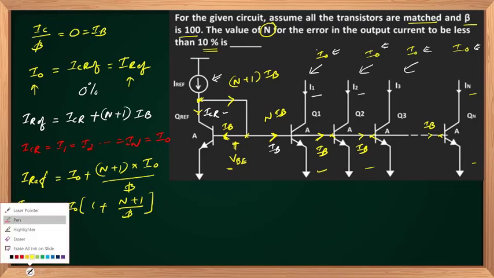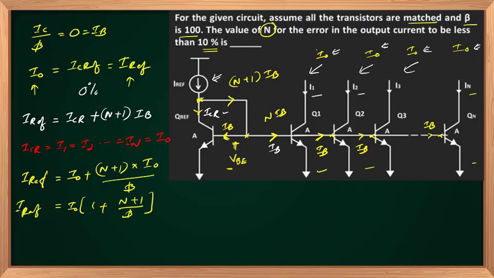So from this I can write I out equal to, taking the LCM, I reference multiplied by beta divided by beta plus n plus 1. Here n is the number of output stages, 1, 2, and so on up to n.